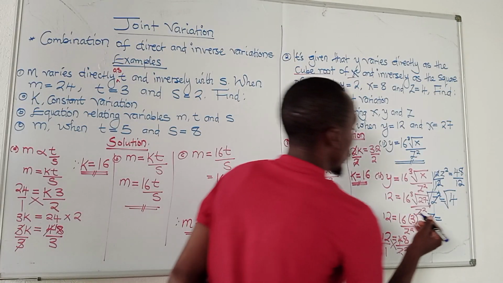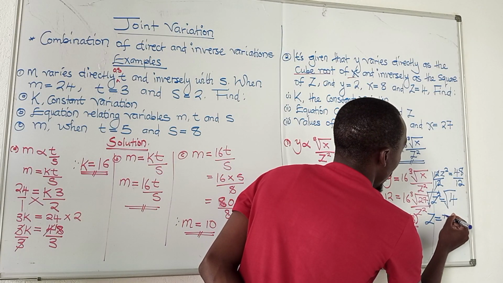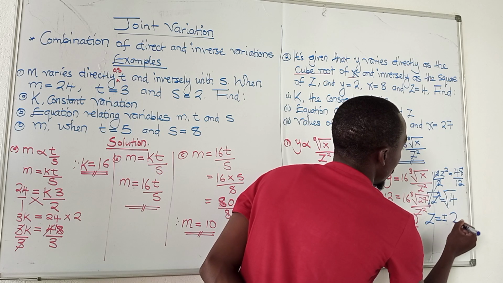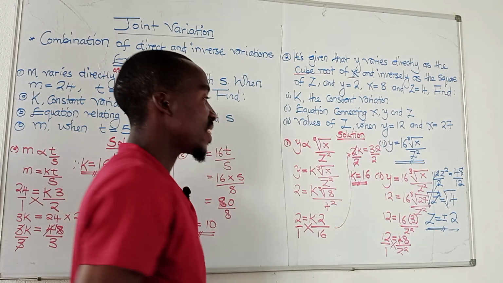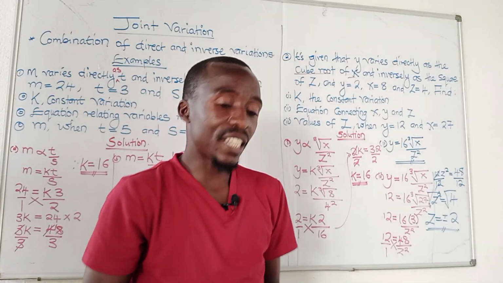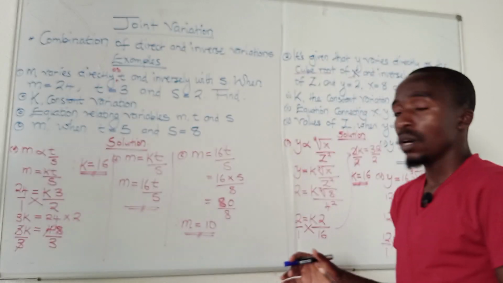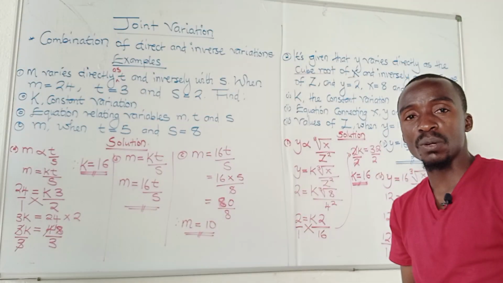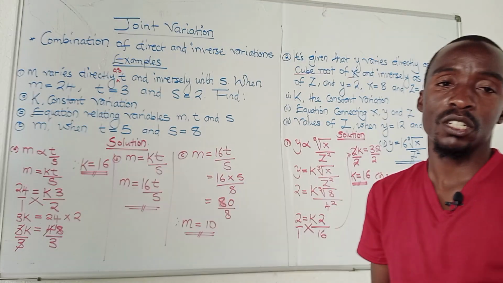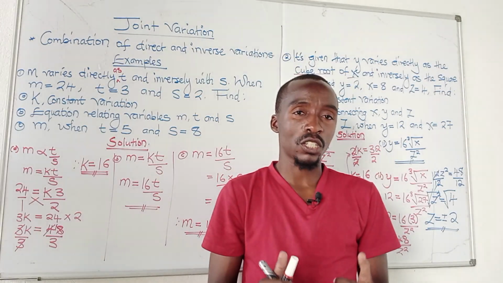So here our answer is going to be positive or negative 2. There. That is how we deal with joint variations. Just like that. So go through this video, rewind it, pause it, and make sure that you understand and get the concept. Okay. Thank you very much for watching.